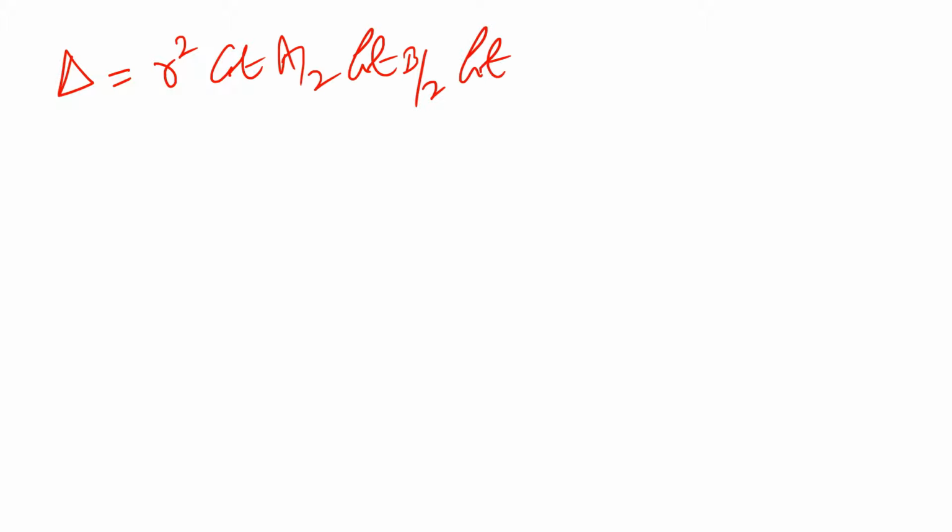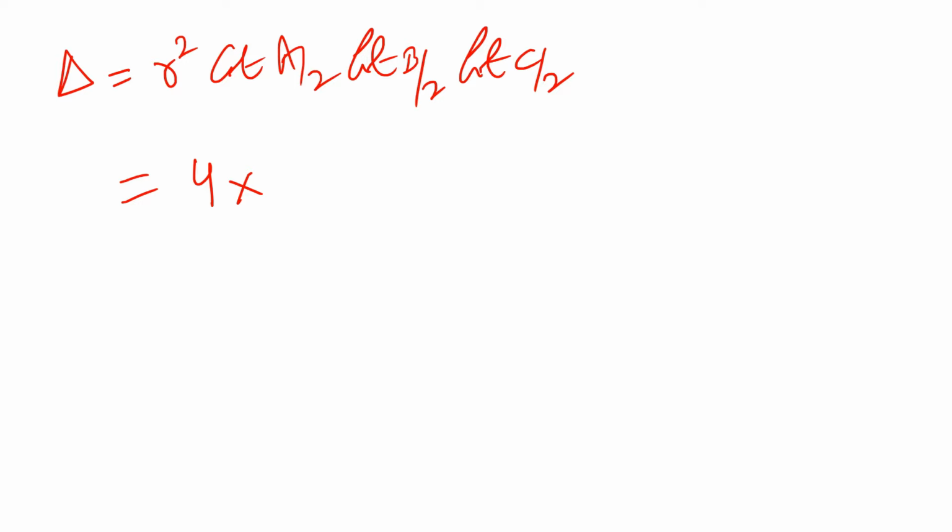Now I'm going back to the original formula, and that was delta equal to r square into cot A/2 into cot B/2 into cot C/2. Now students, we have been given the value of r as 2, so it is going to be 4 into. Let us now put the values of cot A/2, cot B/2, cot C/2.